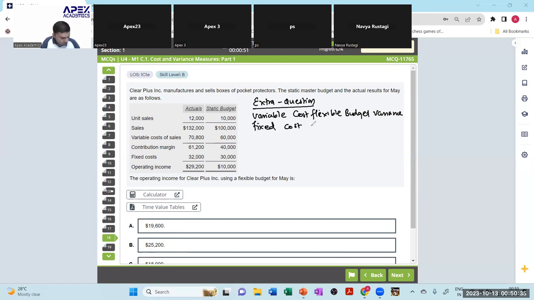Fixed cost flexible budget variance, and I want flexible budget overhead variance. Now I'm not going to give you the link and the relationship between this, but a real smart kid will be able to understand that there is a linkage between these three. What it is, it's for them to find out.